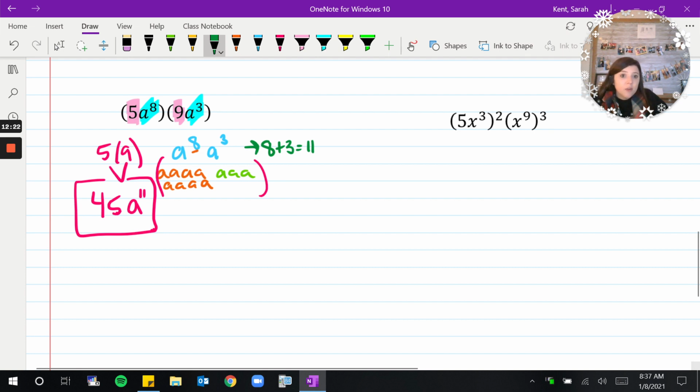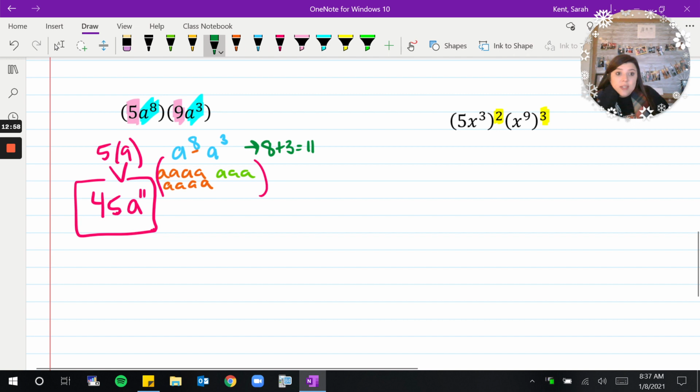All right, on this other one, we've got a lot more exponents. So we have 5 times x to the power of 3 to the power of 2 times x to the power of 9 to the power of 3. So first, I need to take care of these exponents on the outside. So this 2, actually we're going to do it a different way.